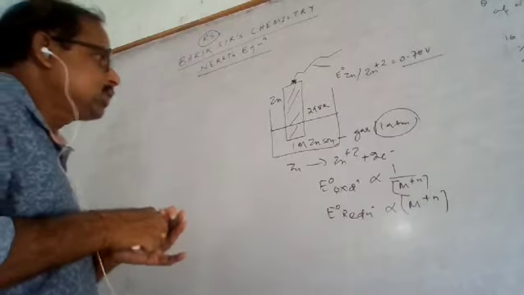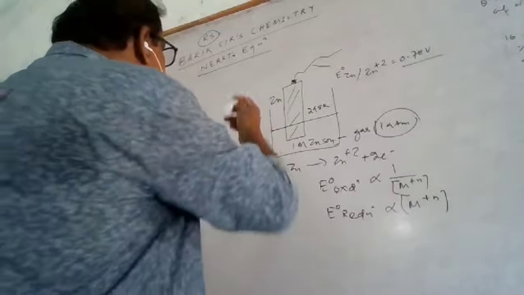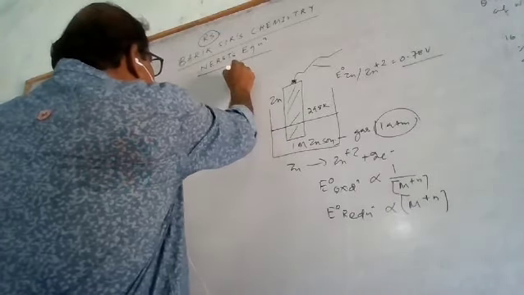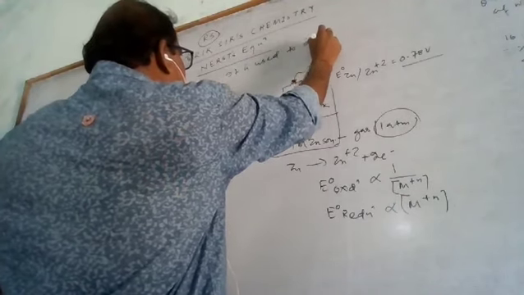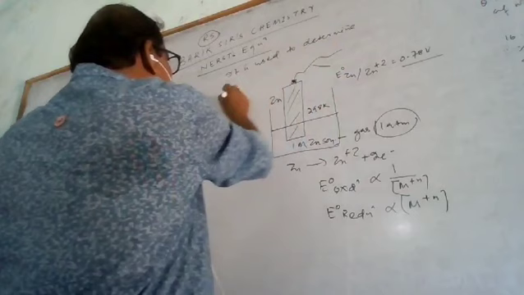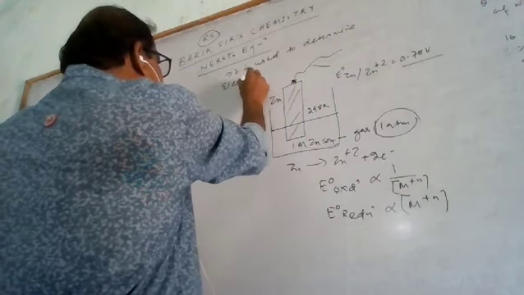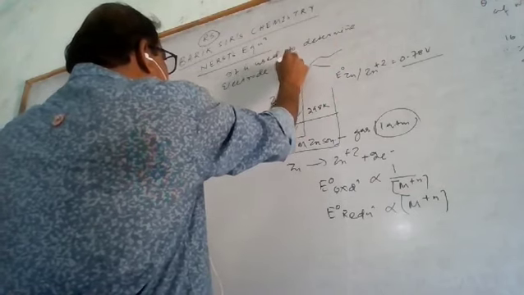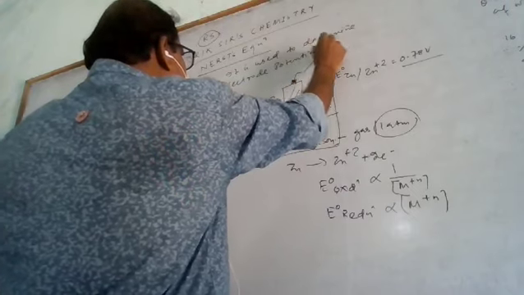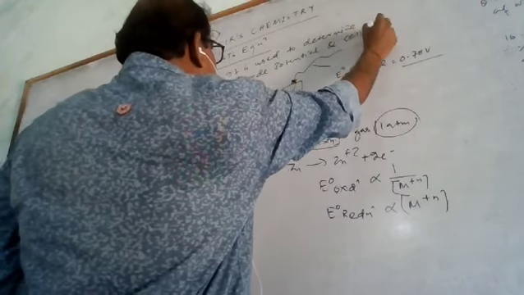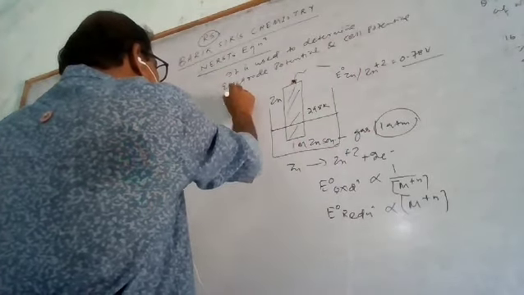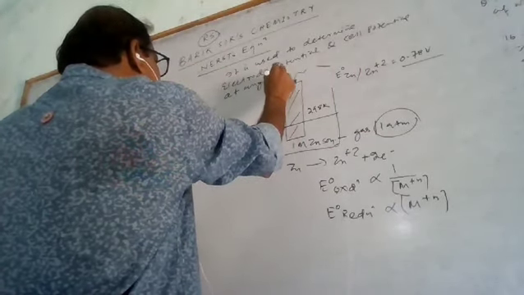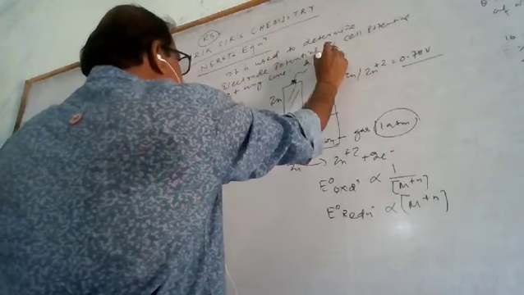So what is the Nernst equation? It is used to determine electrode potential and cell potential at any concentration and temperature.